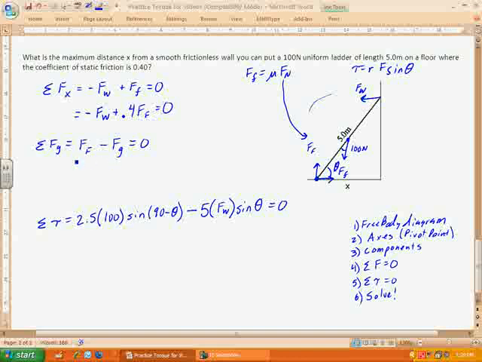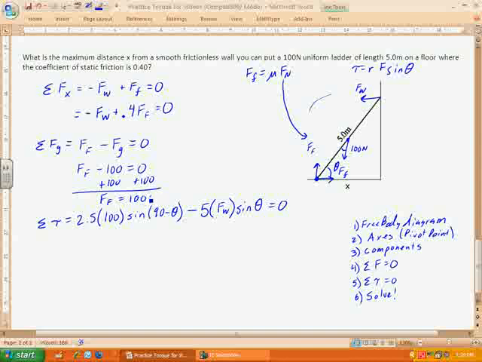So let's go into this one right here. We've got the force of the floor minus the force of gravity, which is 100 newtons, which has to equal 0. So now I notice that I can solve for the force of the floor. Let's add 100 to both sides. So the force of the floor has to be equal to 100 newtons.